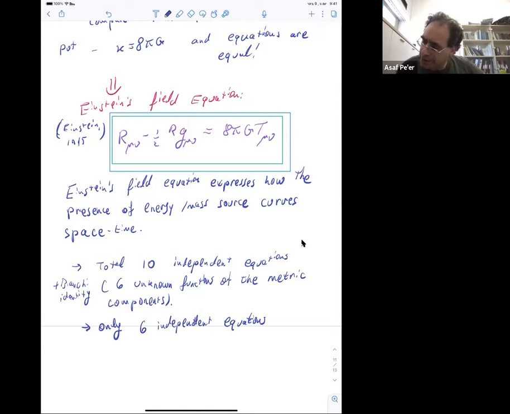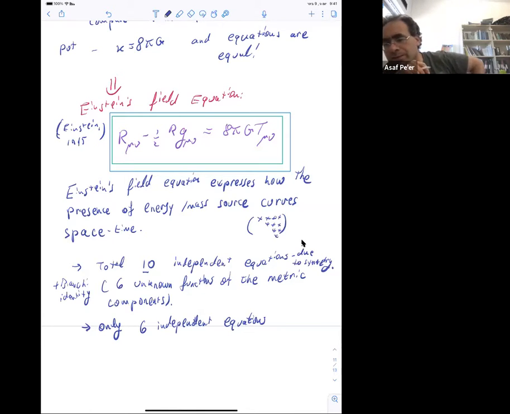The 10 and not 16 is because these are symmetric. R mu nu and R nu mu are symmetric. Remember when we spoke about a symmetric matrix, it has only n times (n plus 1) over 2 independent terms, because the other ones you can get by symmetry.